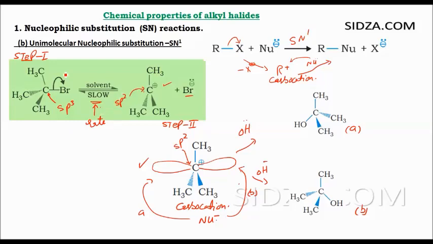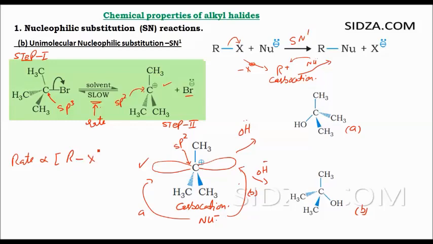And how many concentration terms do you find? Only one, that is alkyl halide. The nucleophile takes part in the second step. In the first step, in the formation of a carbocation, there is only one concentration term, that is alkyl halide. Hence we can say the rate of the reaction here depends on the concentration of alkyl halide only.